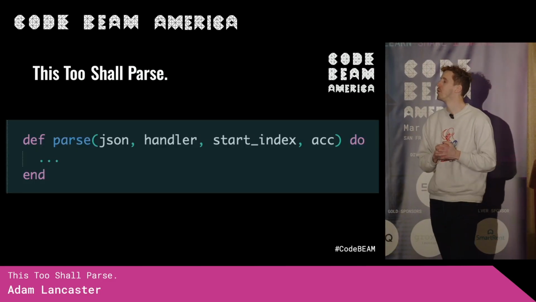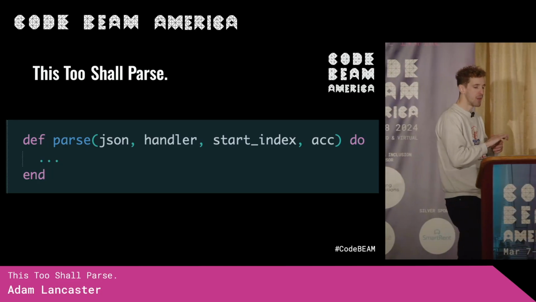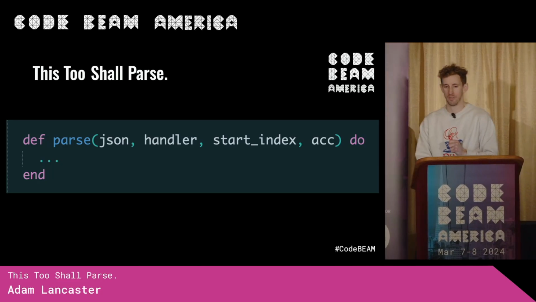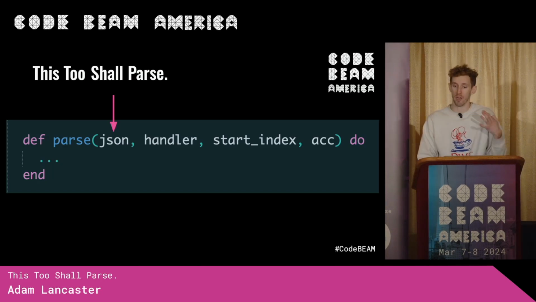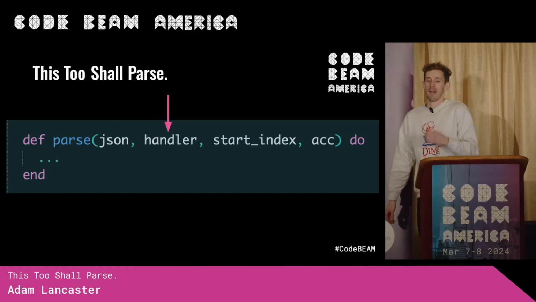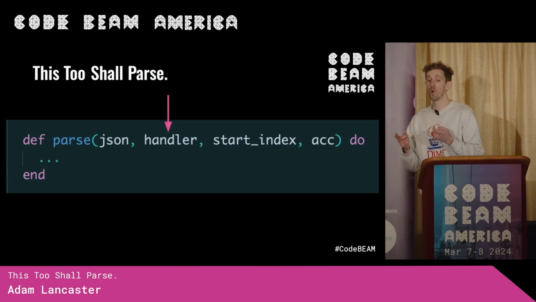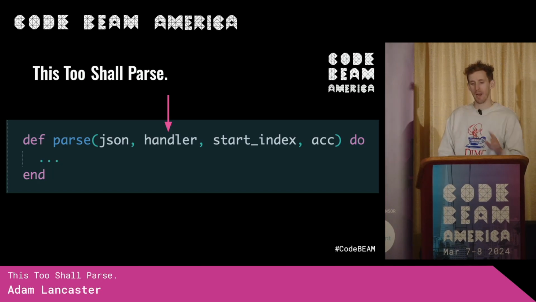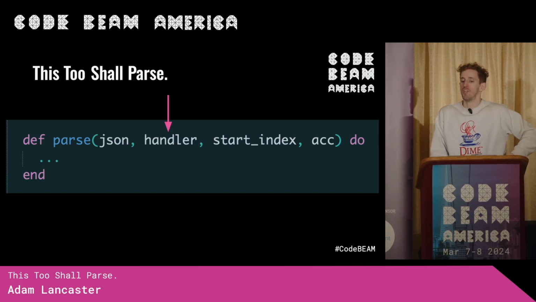So this is the API for the parse function that we might imagine. Obviously we've got the JSON that we would like to parse. We have the handler. This is the callback module that you're going to provide yourselves to build up the DOM, or whatever you want your JSON to become, right? Then we have the start index.